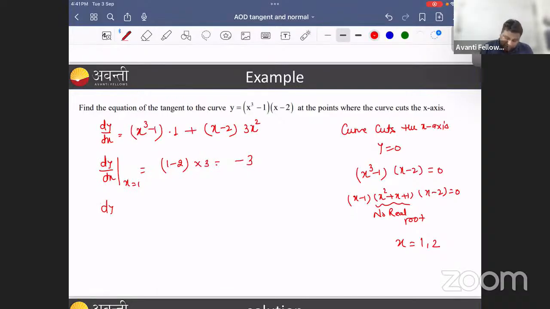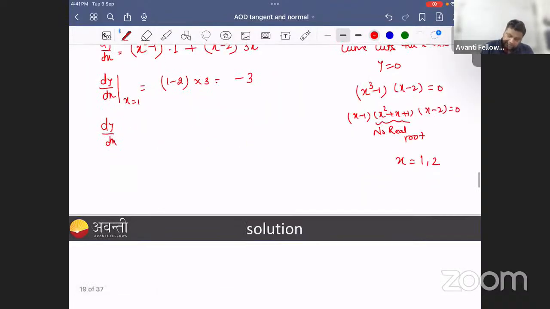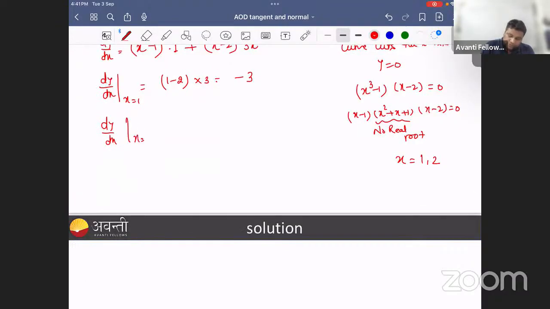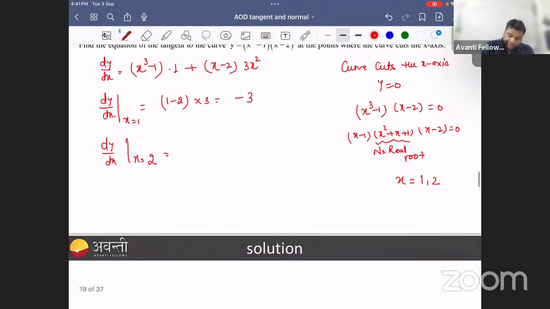Now, what is dy by dx at x equals 2? It is 7 plus 0. So the slope of the tangent at x equals 1 is minus 3 and the slope of the tangent at x equals 2 is 7.